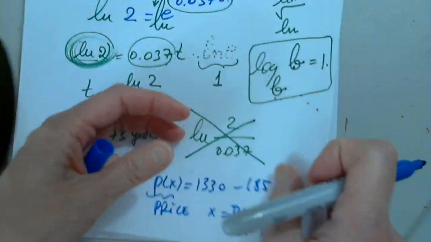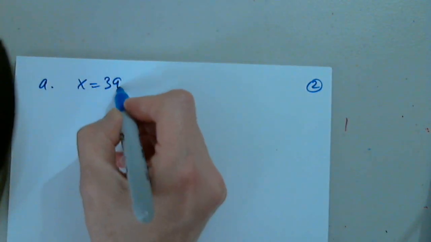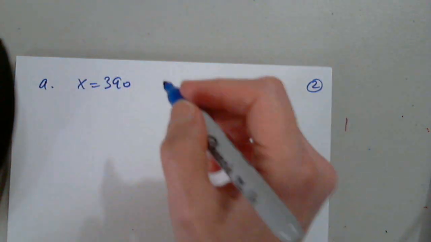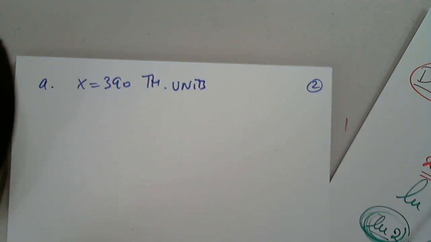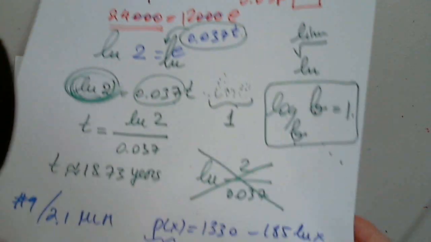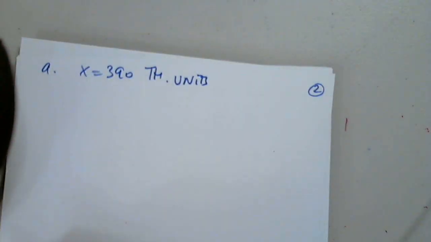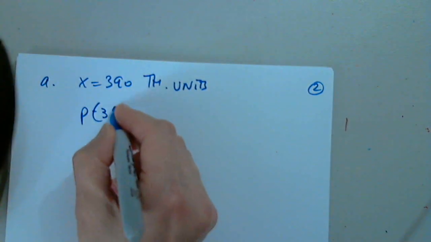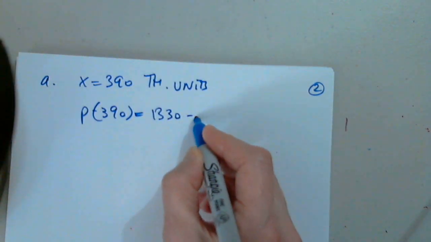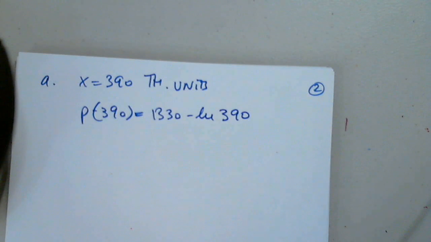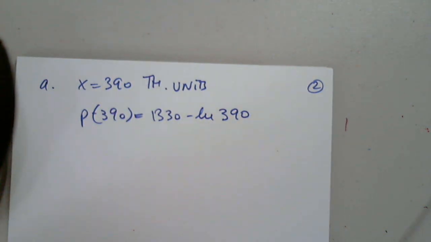Okay, let me go back to page 2, and then I'll stop sharing in a second. So this is my page 2. Part A, so we have x equals 390,000 units. In order to determine this, all we have to find is P of 390, and we have 1330 minus 185 natural log of 390.